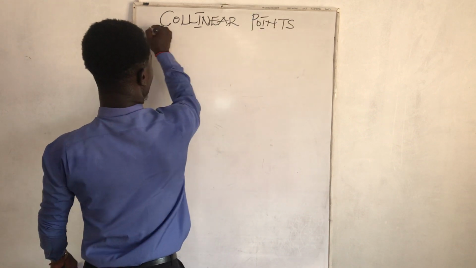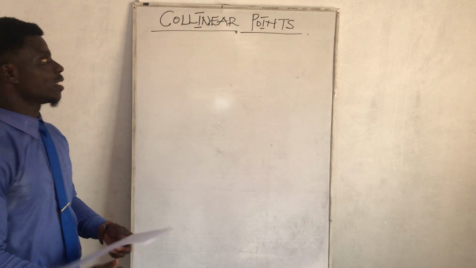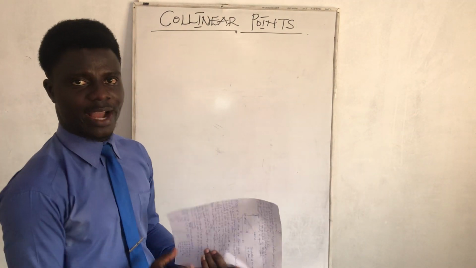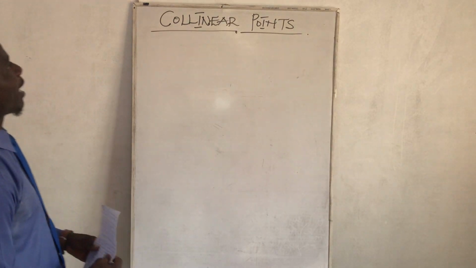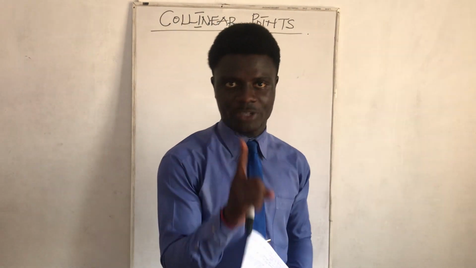After the gradient, we are moving on to collinear points, because they are interconnected in some way. So collinear points, still on Maths 102, Analytic Geometry and Calculus.